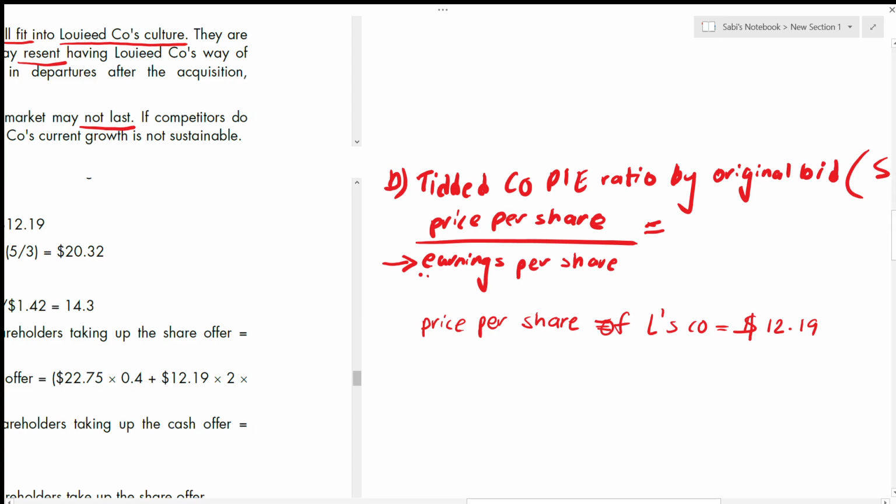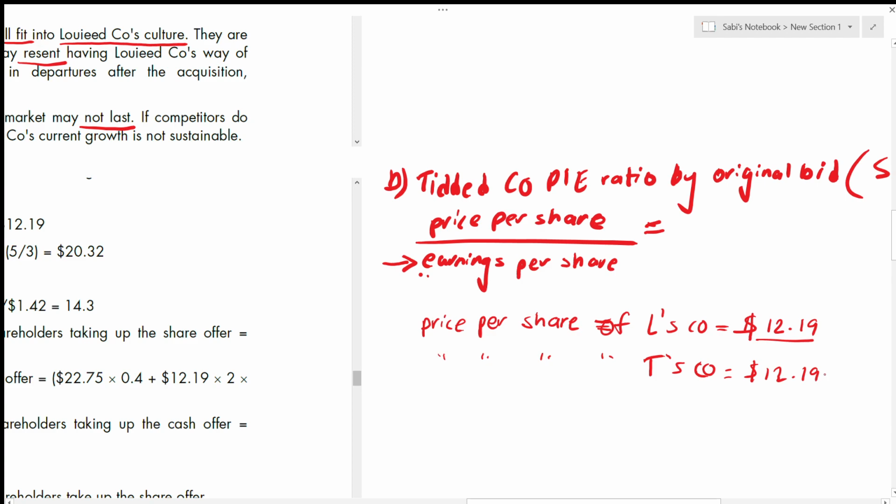right? So price per share of T company. How are you going to use this? See this $12.19 is the value of one share of L company. Now you are giving 5 shares of L company for 3 shares of T. That means this has to be multiplied by, this is for one share, right?